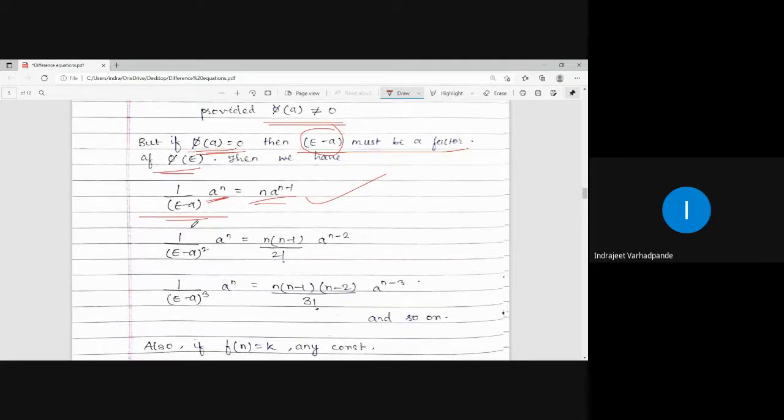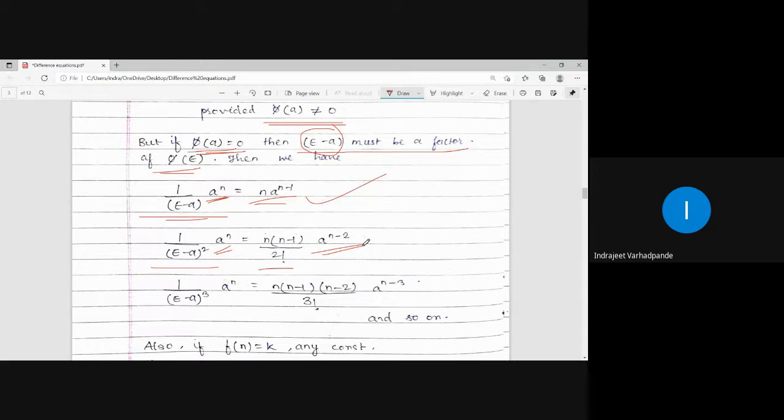If it is 1 upon E minus a whole square multiplied by a to the power n, it will be simplified as n into n minus 1 upon 2 factorial into a to the power n minus 2. Suppose the root is repeated twice, it will be written as 1 upon E minus a whole square.